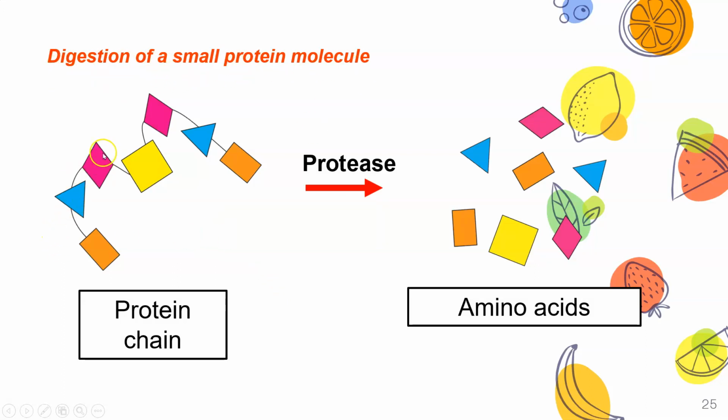Let's say this is a protein chain. The reason why they have different shapes is because they represent different amino acids. There are many types of amino acids, and the protein can be broken down by protease into various amino acids. But for now we just term them all as amino acids.